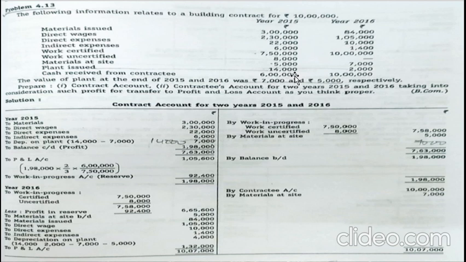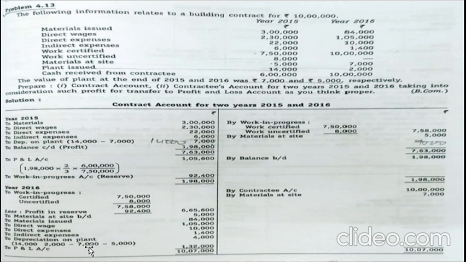Whenever you calculate the depreciation, you carry down the asset value from year to year, and then you charge the depreciation on it. The same method is being followed here. So for the depreciation on plant, the 2015 balance will be brought down, and the 2016 value of the asset also will be added on. So the total asset value is 14,000 plus 2,000 of the plant, which will give you 16,000.